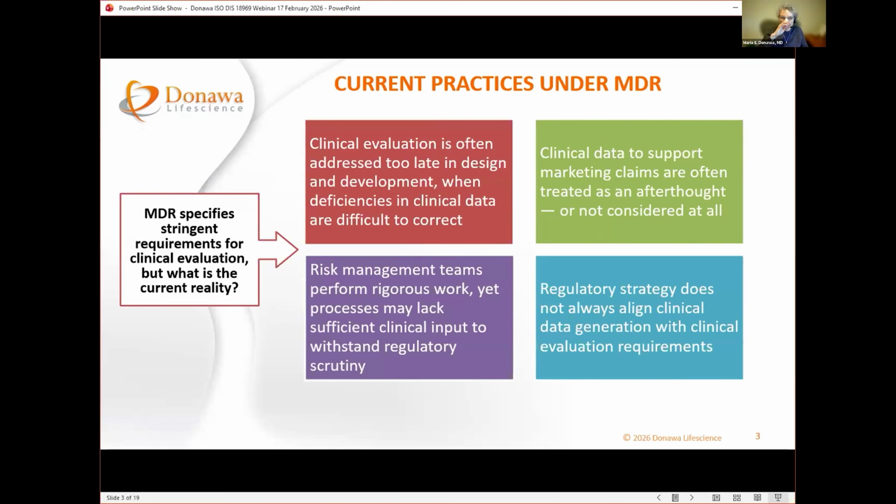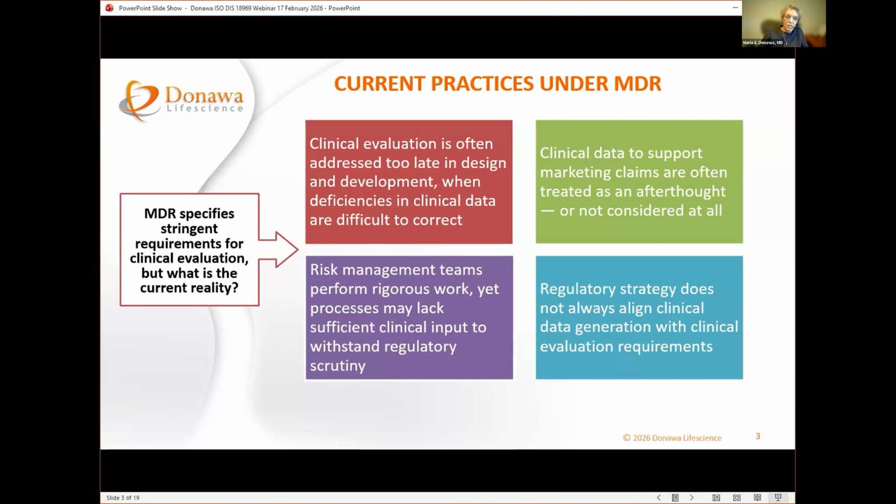What I'd like to do is, Danielle mentioned the MDR and the need to keep that in mind, but in clinical evaluation we have very good working knowledge of what that means in Europe. So even though we're working on an international standard, and the idea is to go through valuable processes that could work for anyone anywhere, we do have a practice, a set of data and experiences based on Europe.